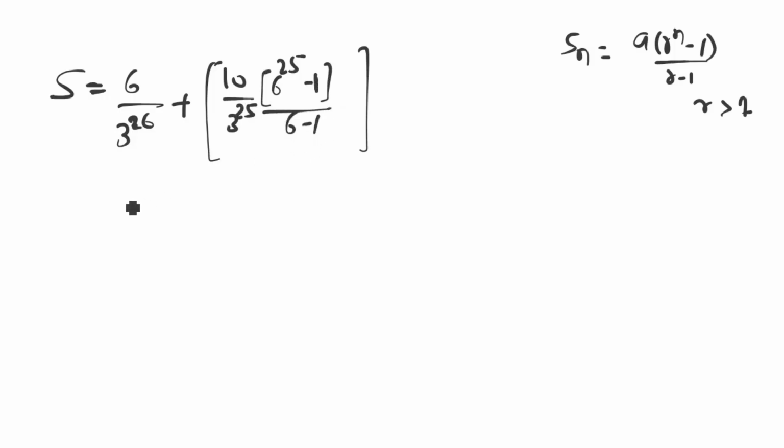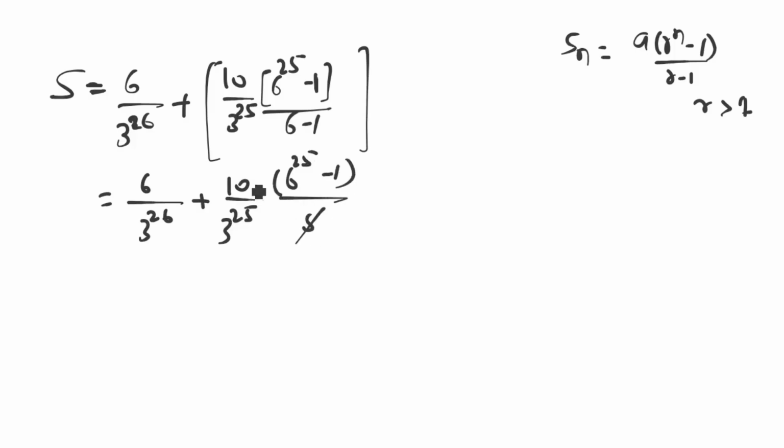So now we need to just simplify this. So this is 6 by 3 to the power 26, and here we have 10 divided by 3 to the power 25, into 6 to the power 25 minus 1, divided by 5. I just cancel this, so this is 2 times.